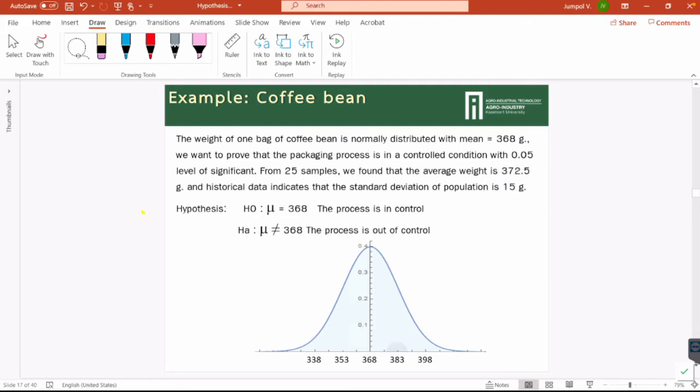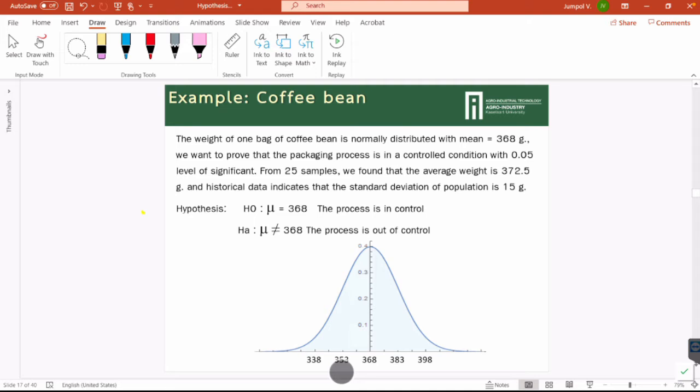So about here, okay, it's going to be 368 plus 15, which is 383, and then here is 383 plus 15.